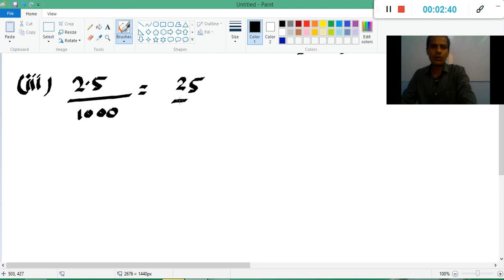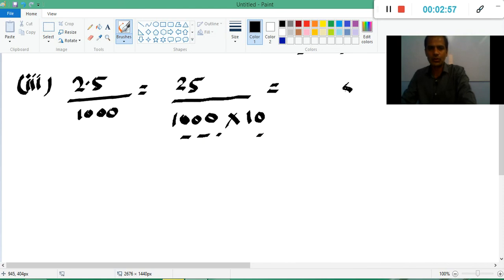Remove the decimal of 2.5 and write 1000 as it is, but you can see that there is only one digit to the right of the decimal, that is 5. So we will multiply the denominator by 10. There are total 4 zeros in the denominator, 1 2 3 and 4. So in the numerator we will place a decimal after 4 digits, but there are only 2 digits, so write 2 extra zeros before 25. Now it is a 4 digit number and write the decimal here. So the answer is 0.0025.